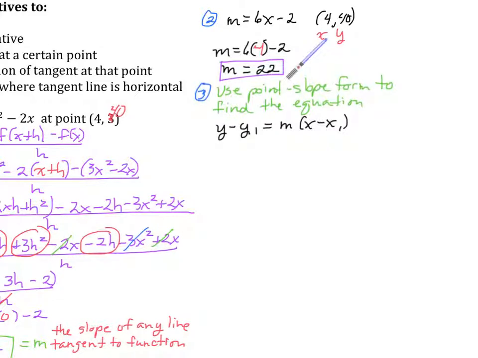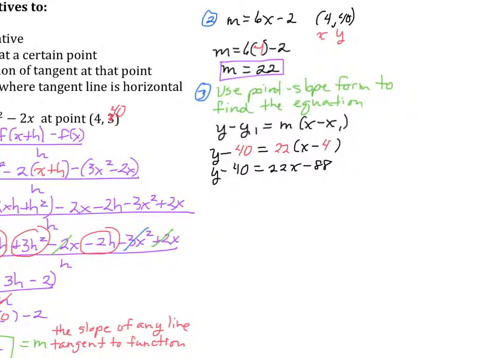Just plug, just like algebra 1, 2. So we have y minus and x minus, and I'm plugging in for y the 40, for the m the 22, and for the x the 4. Do the math. So you get y minus 40 equals, distribute the 22, 22x minus 88.